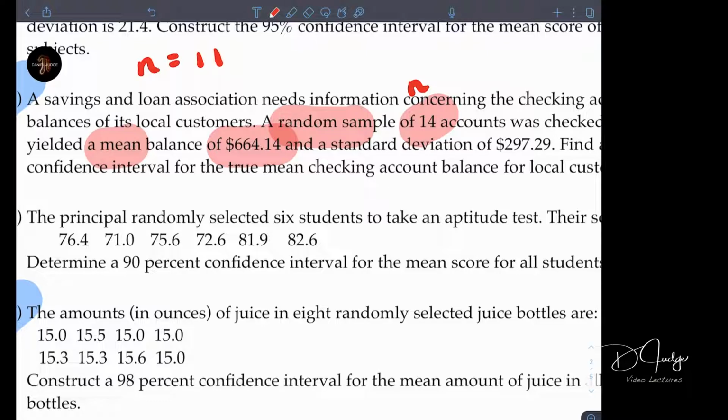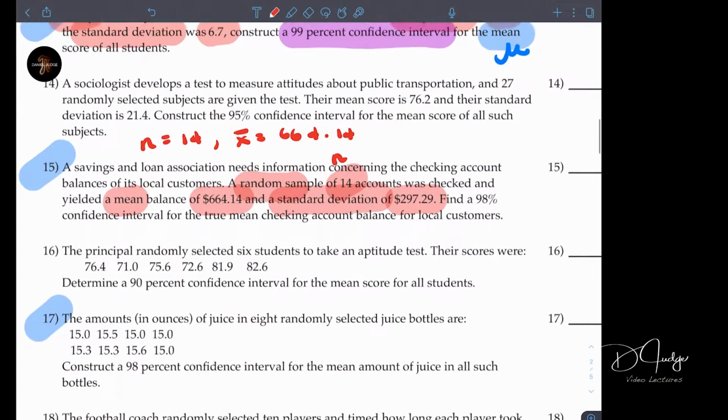So I'm going to start to write this down here. Sample size was 14. Sample mean was $664.14. And then they have to give me a sample standard deviation, and they do: 297.29. That's not consistent. It's pretty big.